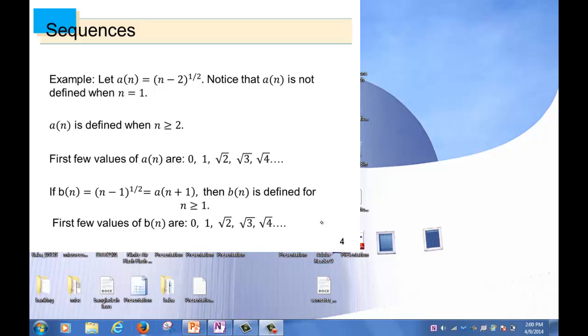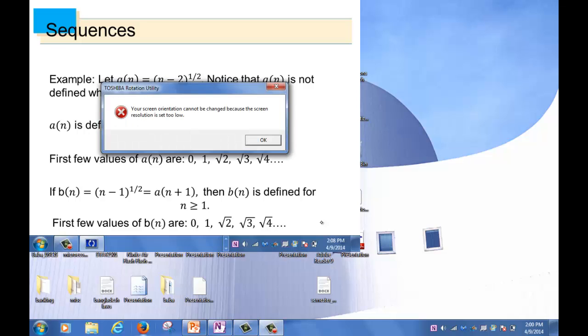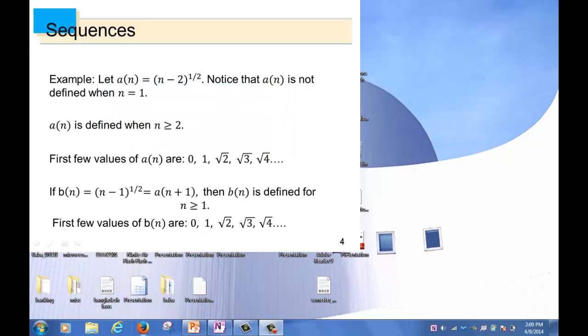Now, let's look at what are the first few values of a of n. Well, what's the first value? The first value is when I plug in n equals 2. When I plug in n equals 2, I get 0. When I plug in n equals 3, I get 1.